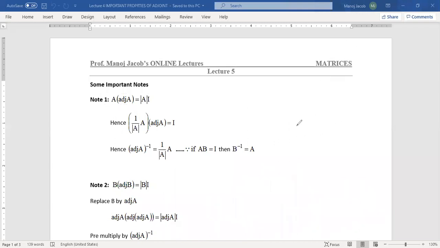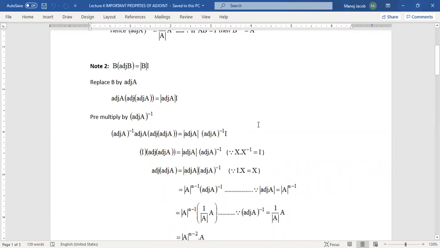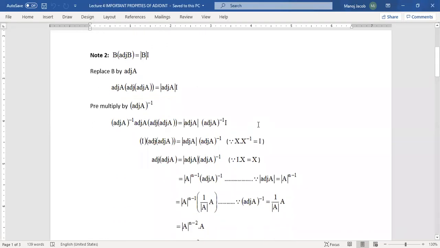So I took this page. See here, it's all written here. First, what I did, once again I'm explaining. Instead of B, I put adjoint of A. Then I transfer this to the other side. Remember, it will come as pre-multiply, before I, it will come like this. So we got this.